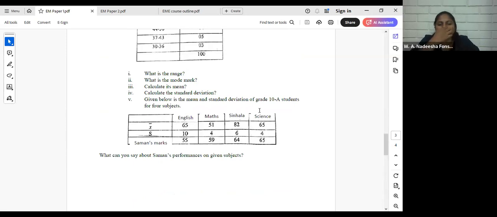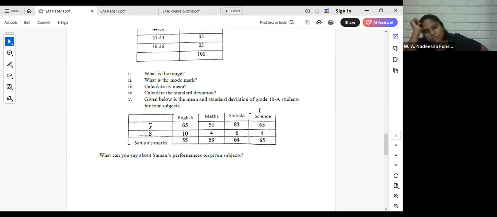Given below is the mean and standard deviation of grade 10A students for 4 subjects: English, Maths, Sinhala and Science. The mean and standard deviation values are given, and someone's marks are also given for English, Maths, Sinhala and Science.